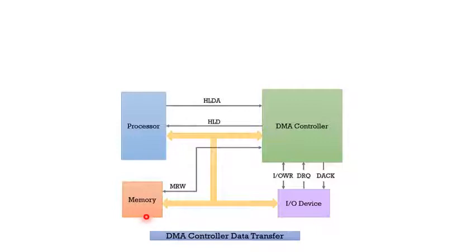Once such a request is received by the microprocessor, it ceases its control over the address bus and data bus. It then informs the DMA controller of the situation by sending a DMA acknowledge signal using the HLDA command. The controller then informs the external peripheral by sending a DMA acknowledge signal. The DMA controller then gains control over the two buses, the address bus and the data bus.